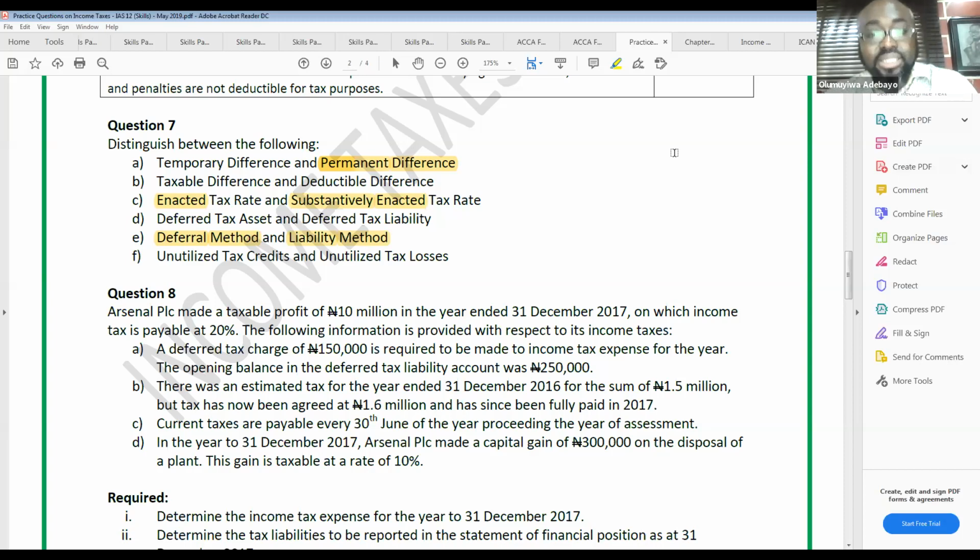Okay, though we've not discussed permanent difference, the first thing that comes to my mind is that permanent differences are other than temporary differences, which means differences other than temporary difference. Now, the word permanent difference is likened to differences that arise between accounting principles and tax rules or tax requirements, which are not expected to reverse in the future.